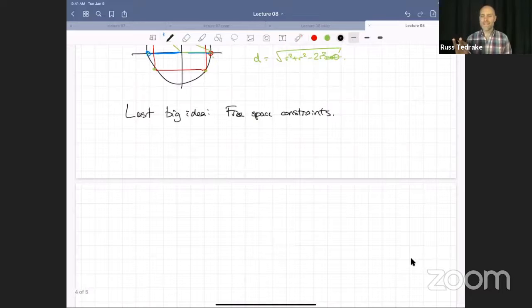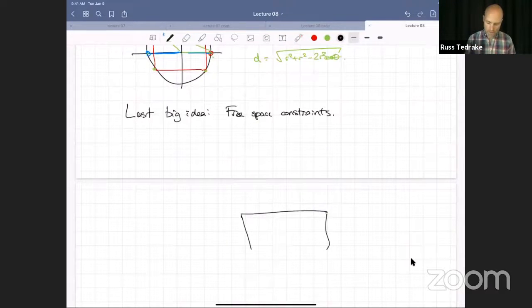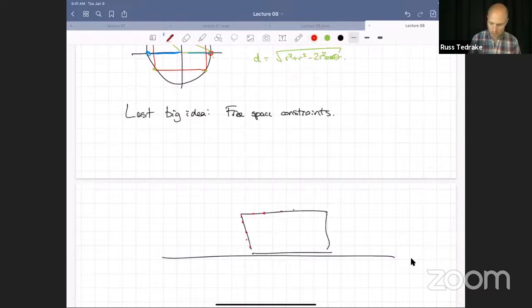Fortunately, it's actually the same idea we already did, but it's beautiful that that's true. So let me make sure you see that, right? First of all, what are the free space constraints? If I have my object here and I have my points coming in here, if you just gave me a point cloud saying, fit this point cloud, then I've actually lost some information, because there's extra information here about the location of the camera.